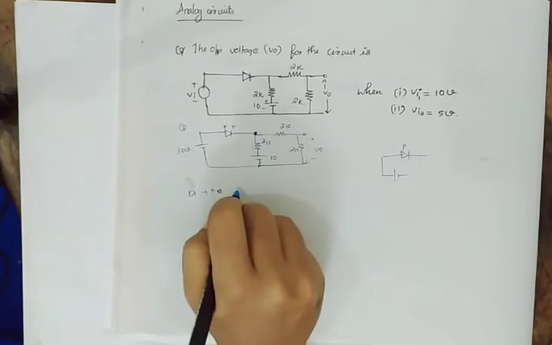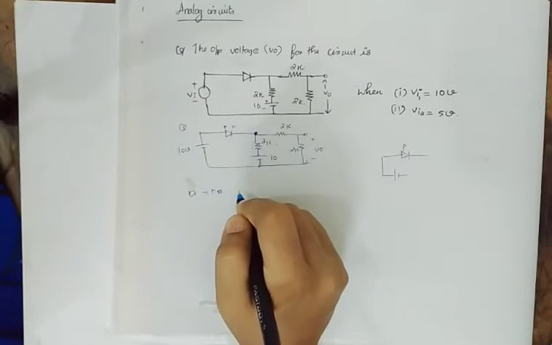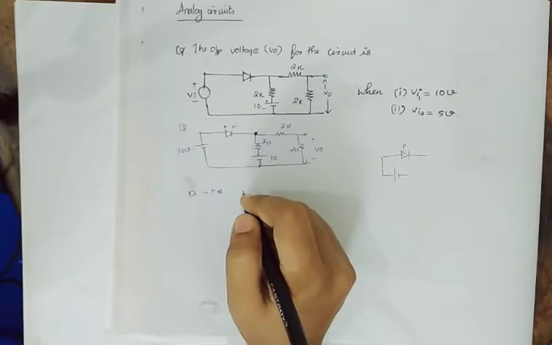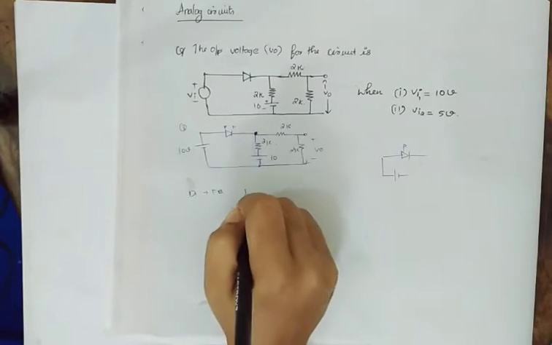So what happens if it is forward biased? We are going to replace the diode with a short circuit.